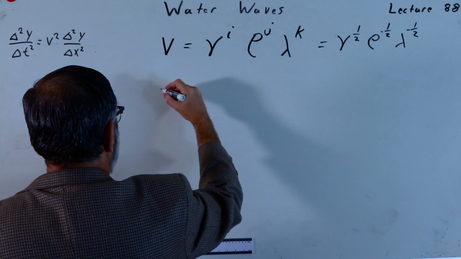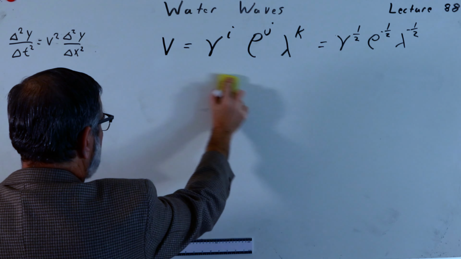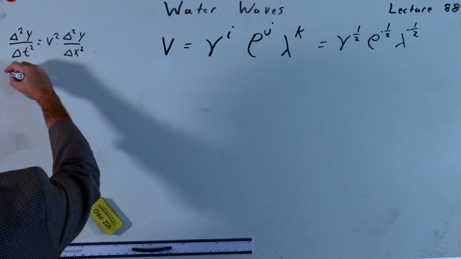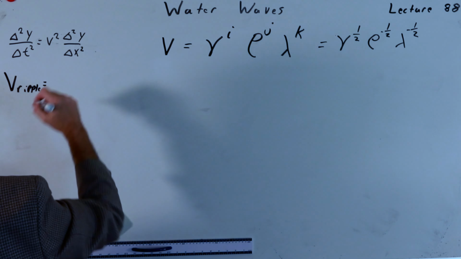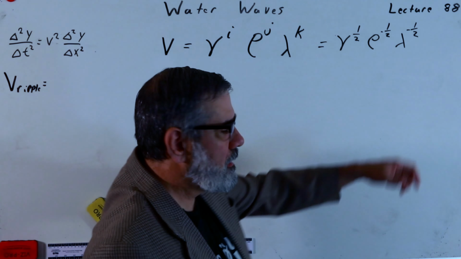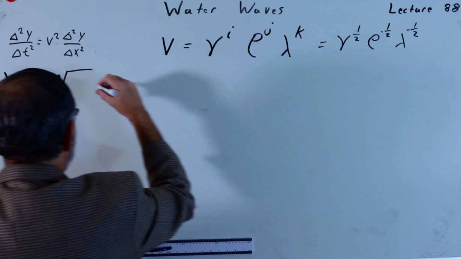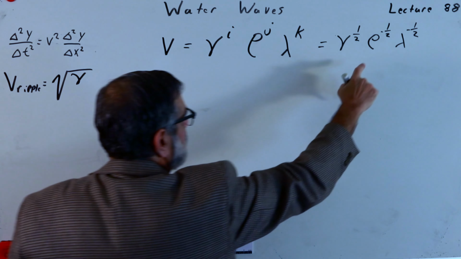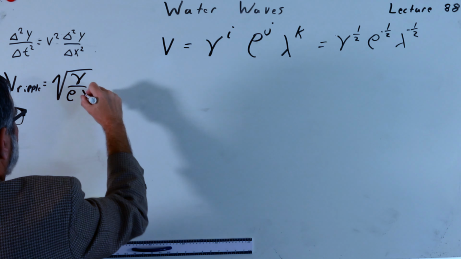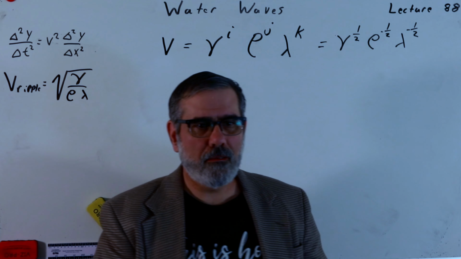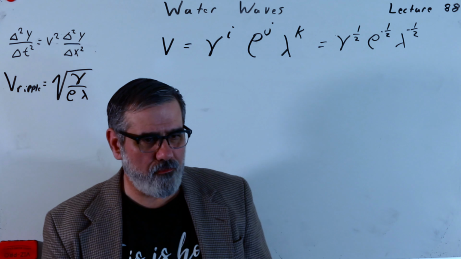It says that the wave velocity for a ripple, V ripple, is equal to a square root, a positive square root, with the surface tension in the numerator, and both of these in the denominator, over rho times lambda. Okay? So this is the wave velocity for ripples.